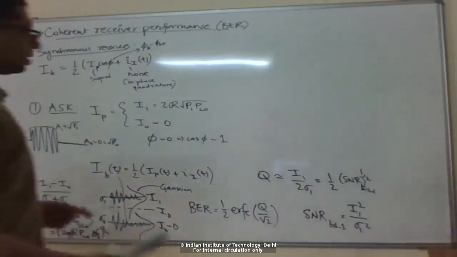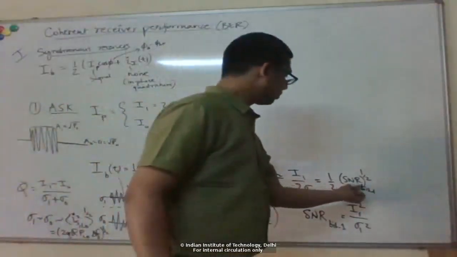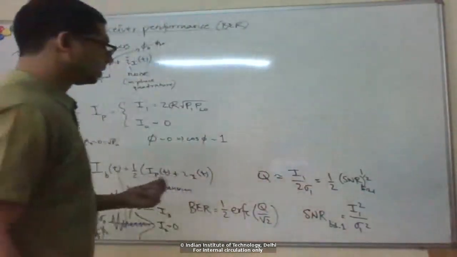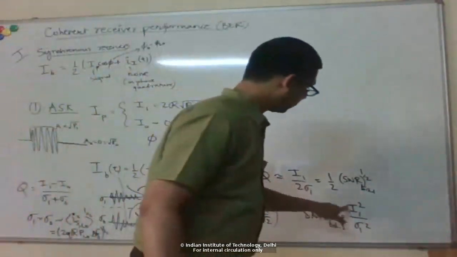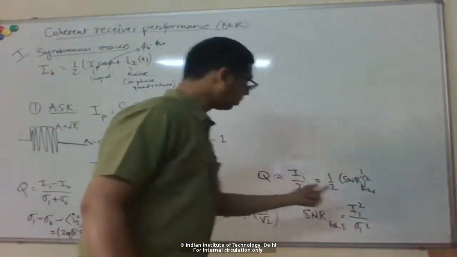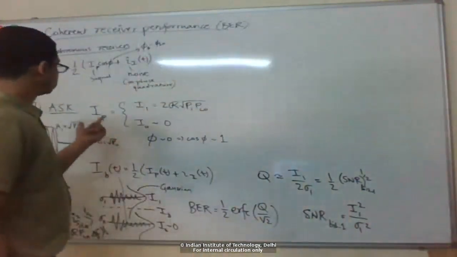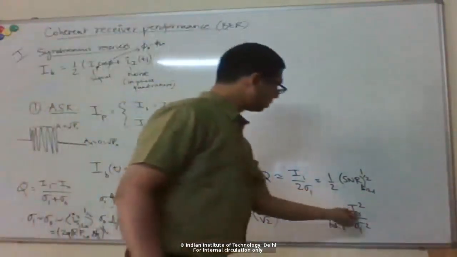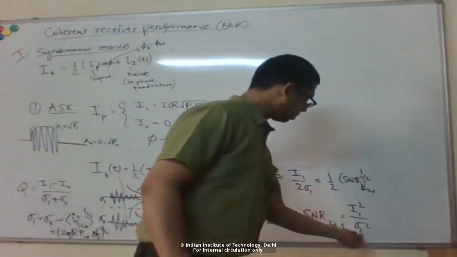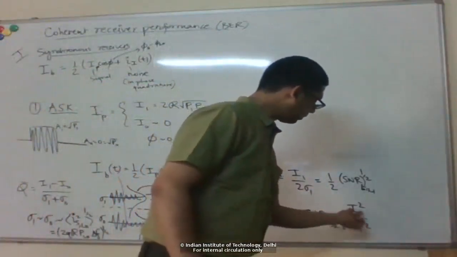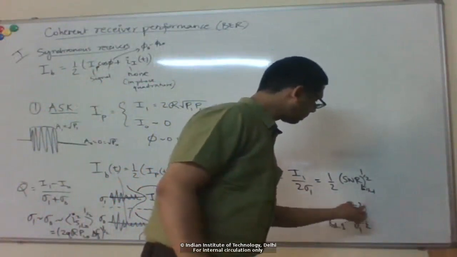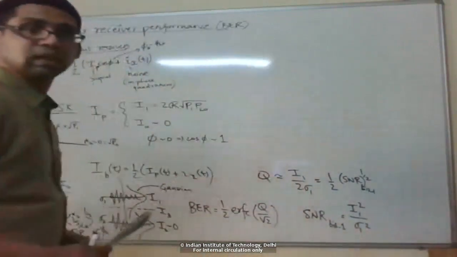Okay, and this SNR we had derived in the last class, right? For coherent detection, we go into the shot noise limit, and we computed the noise current and the photocurrent that we get.